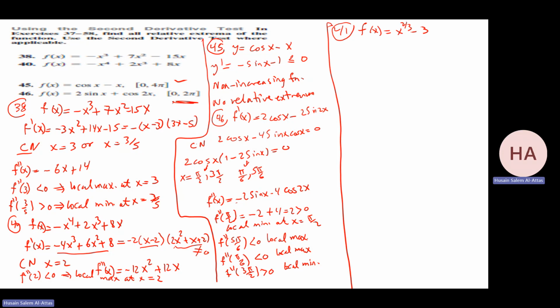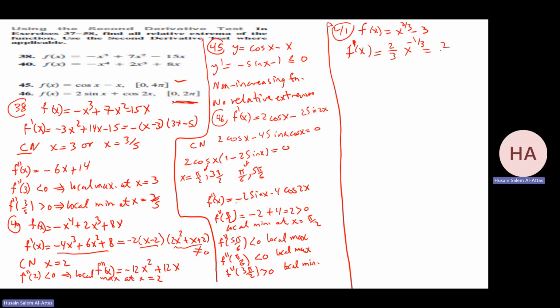And to check f prime, same idea. As I said, I'll concentrate only on the second derivative of this. When it's applied, it's not applied, I will stop. You notice here, that will be 2 over 3. X is minus 1 over 3.